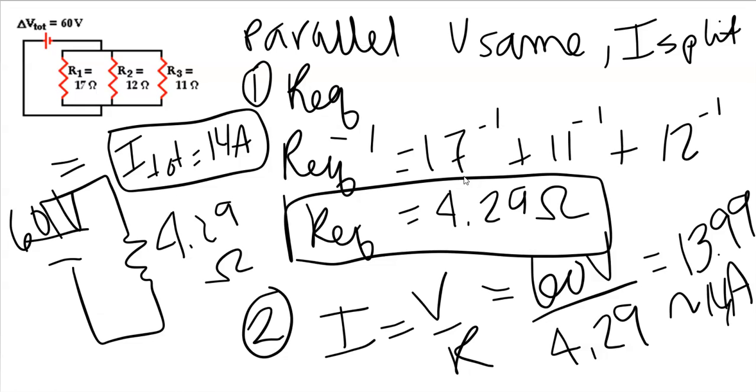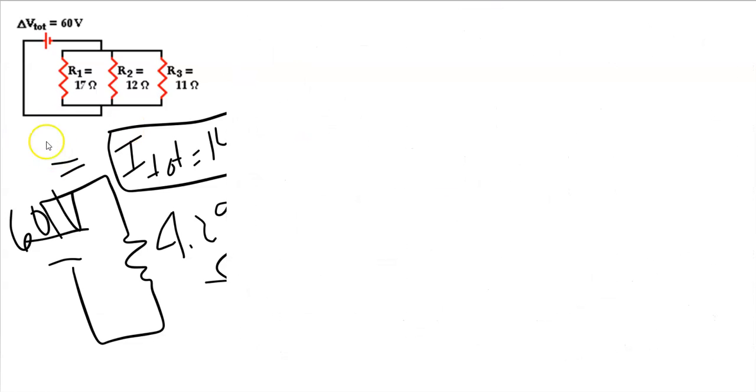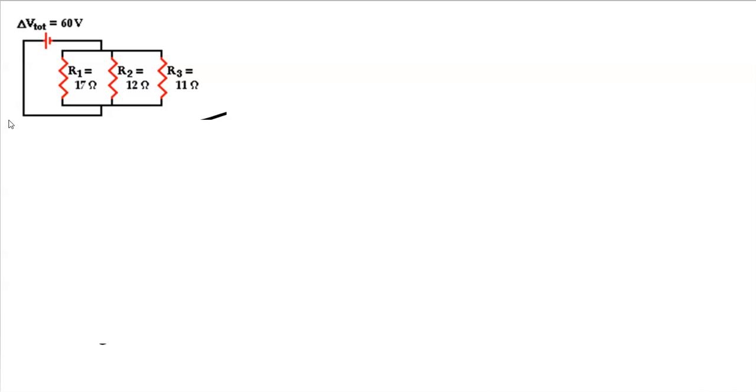Now I figured out a better way to do this, so I'm just going to delete this out. Now what I'm going to do is find the current and the voltage across each of the branches.